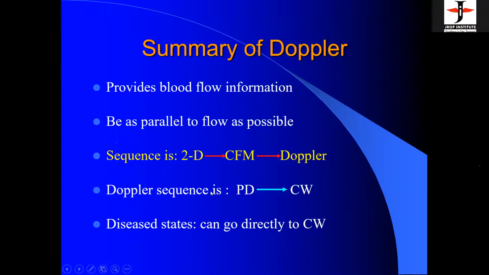In a Doppler sequence at your level today, it is a pulse Doppler, and if need be going to CW Doppler, and in a disease state you can go directly to a CW Doppler because you know that you are dealing with a disease state. That is why clinical information is very important. If you are not doing any clinical exam, you will not know what you are dealing with. So this is the reason for the sequence.